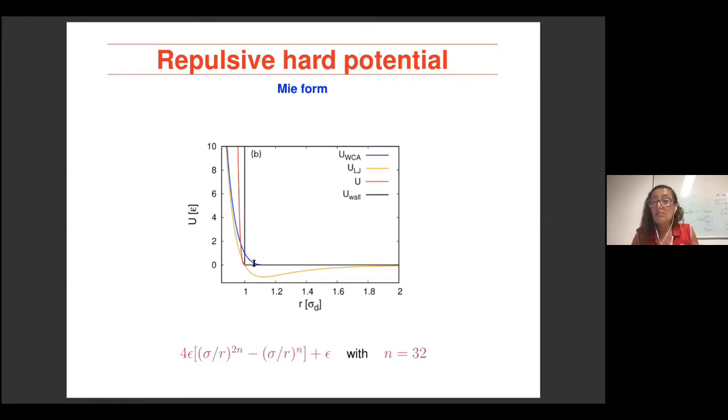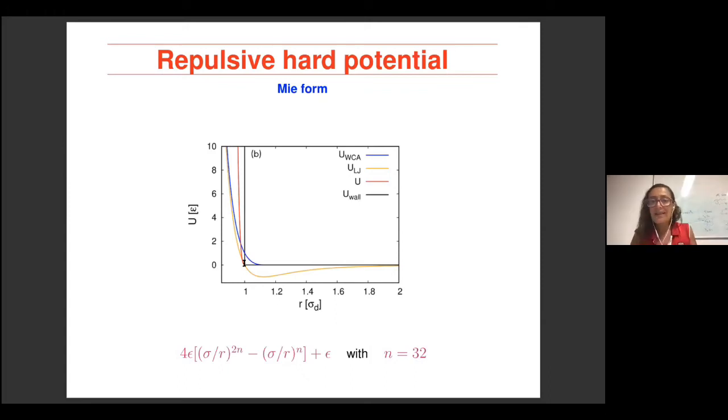And moreover, if you take an n which is much larger than 6, for example 32, you get something like the red curve here, which is very close to just the hard wall, only that it doesn't fall sharply. It has a little curvature when it touches 0, and it gets to 0 in some smoother way than just the hard wall, and this is better for the simulations.